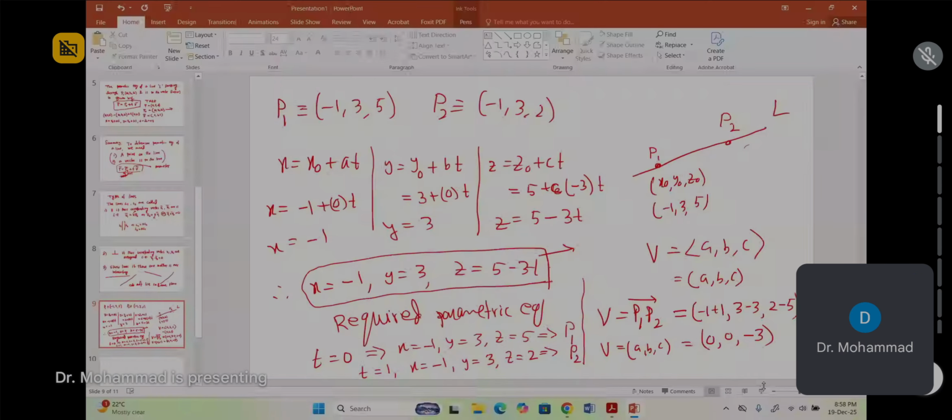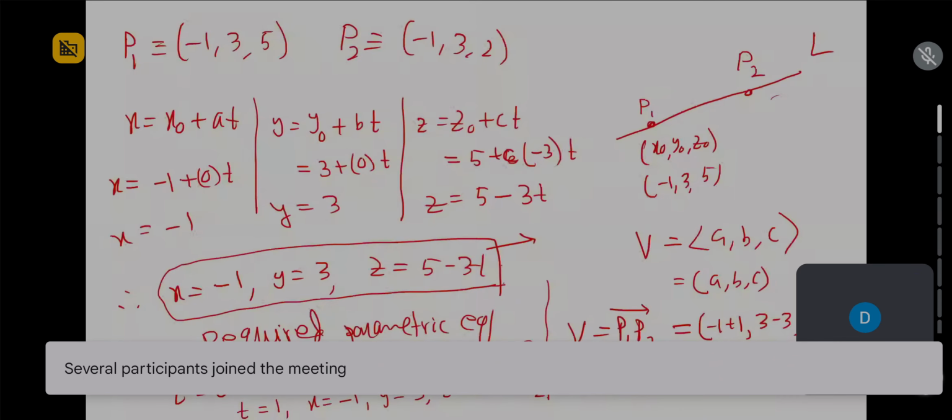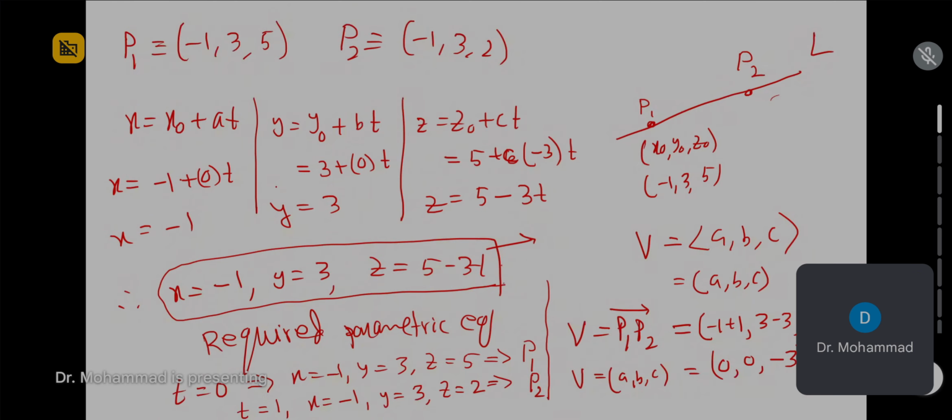Okay. So now let's say another 2 points, say P1 is (0, 1) and P2 is (-3, -4). We need to get the parametric equation for these 2 points.